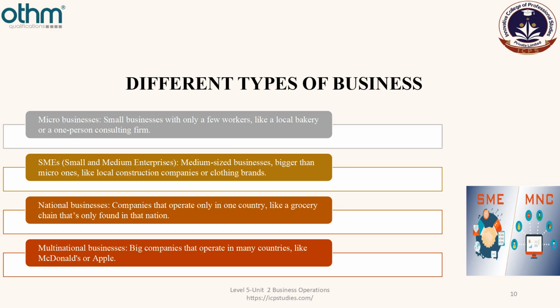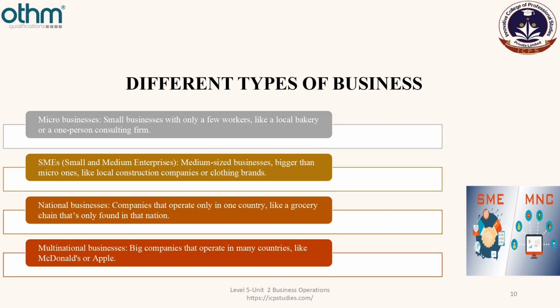Then we have the micro businesses. These are basically small businesses with only a few workers, for example, any local bakery or a one-person consulting firm. Then we have SMEs, that is small and medium enterprises. These medium-sized businesses are bigger than the micro ones, for example, local construction companies or clothing brands.